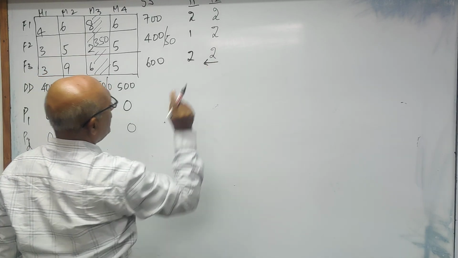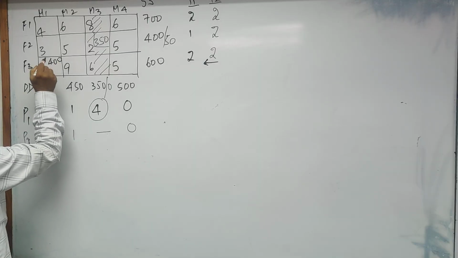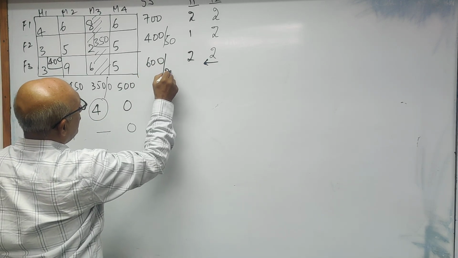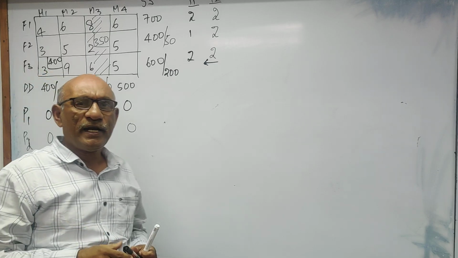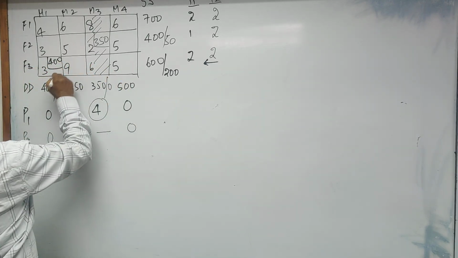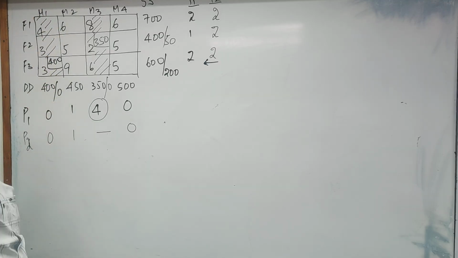So preference is given to this. 400 units are supplied. Availability now reduced to 200. Market 1 requirement is fully satisfied. Eliminate this from the picture.